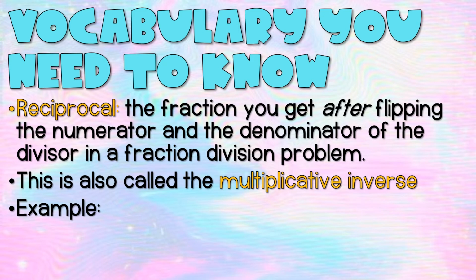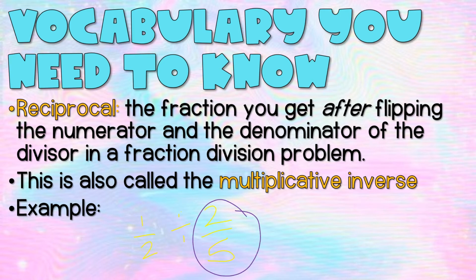So for our example, let's say that we had 1/2 divided by 2/5. And whenever we are finding the reciprocal, we are going to be changing this number right here.